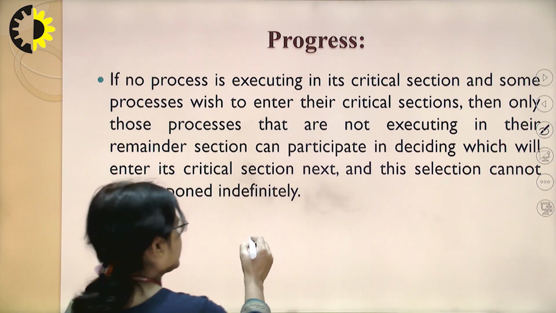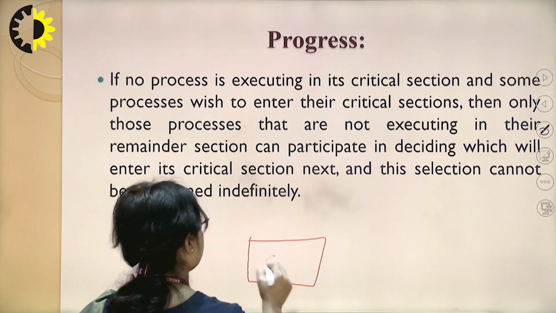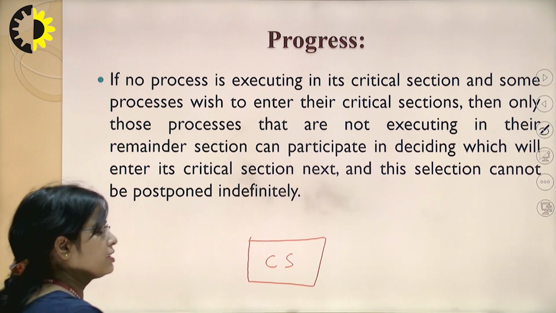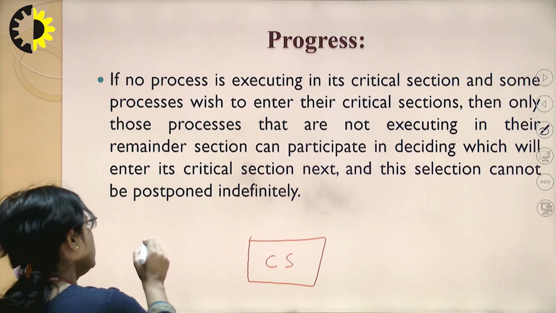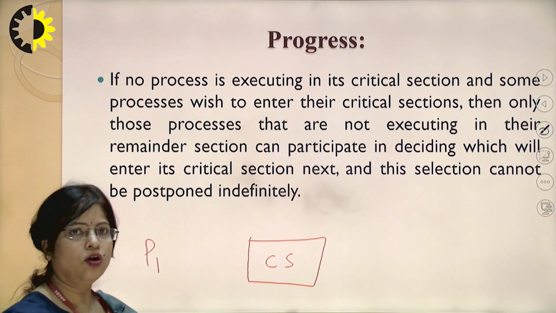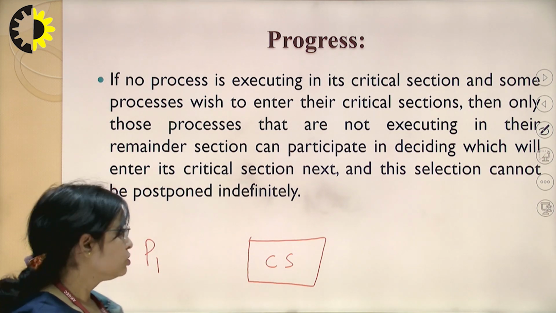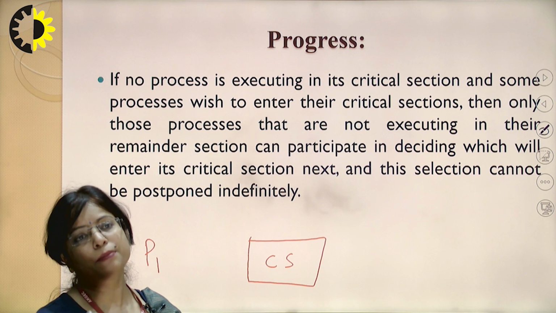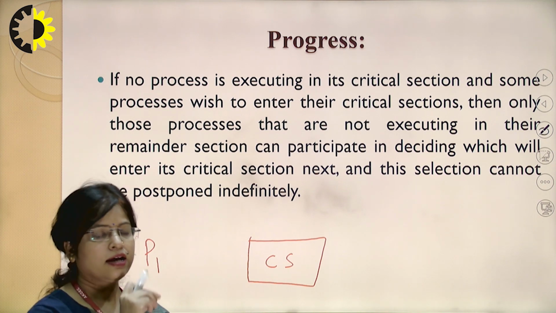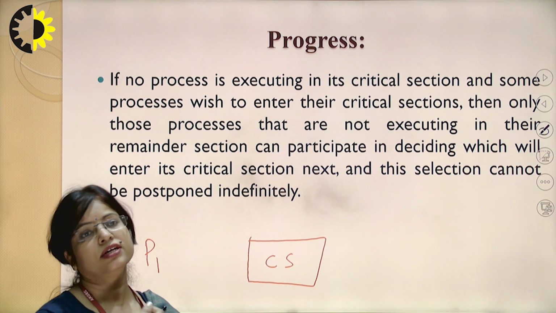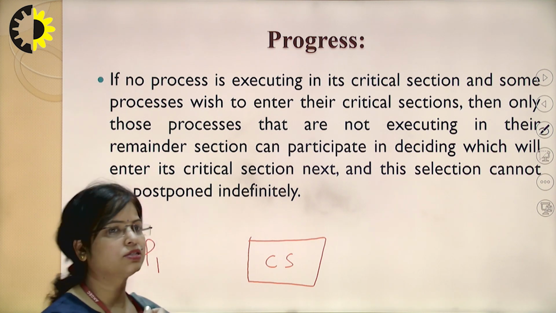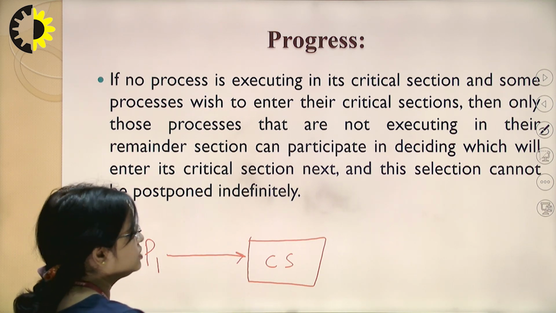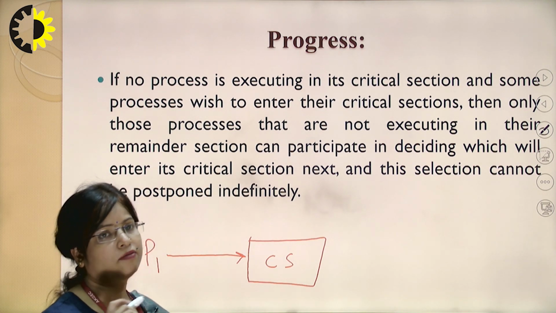It means if no process is executing in the critical section, then all the processes that are not executing in their remainder section are allowed to enter the critical section, but one by one. If a process is executing in its remainder section, it means that process has already executed its critical section.